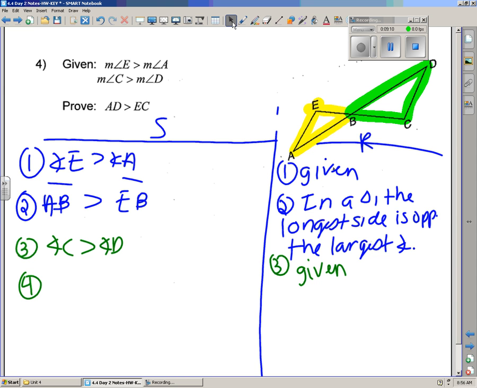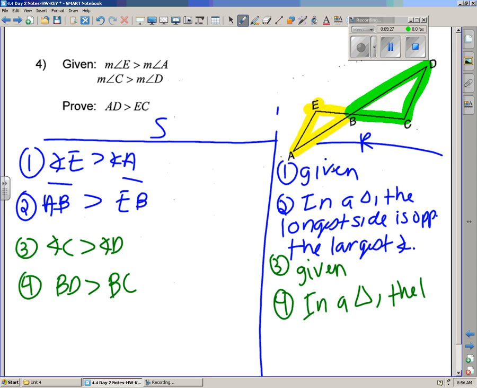So angle C, line segment BD is opposite it, so then BD is going to be greater than, and angle D, you're looking at BC, and that's going to be in a triangle, the longest side opposite the largest angle. Okay, so we've got that stuff going on.